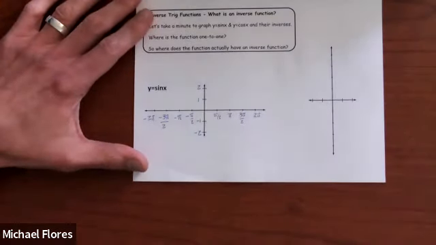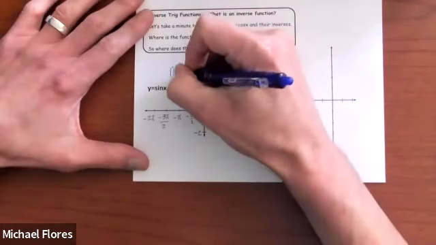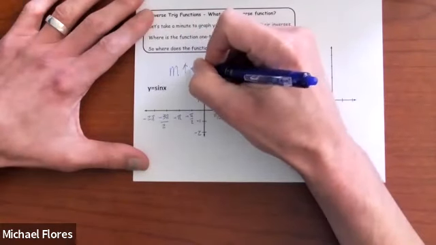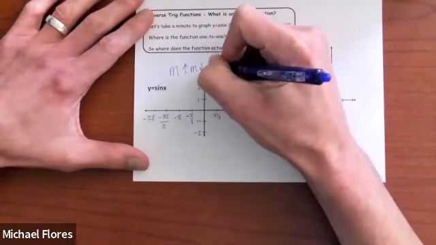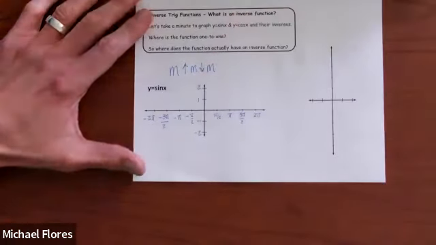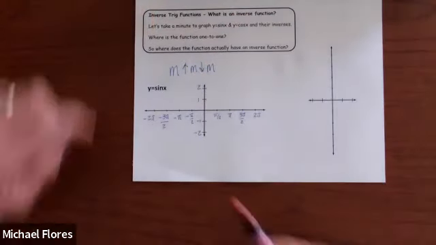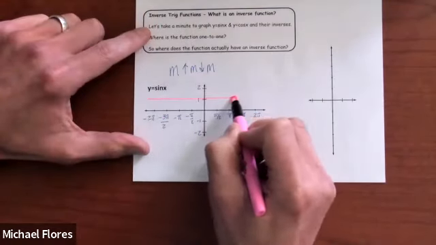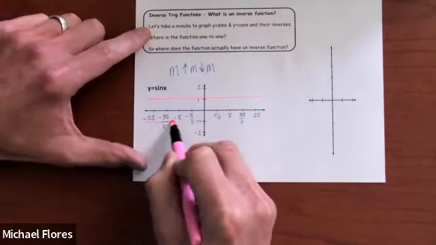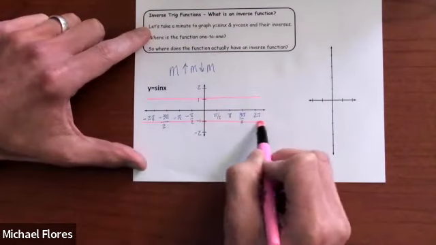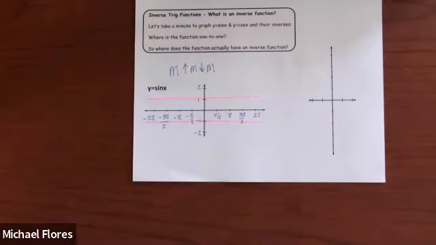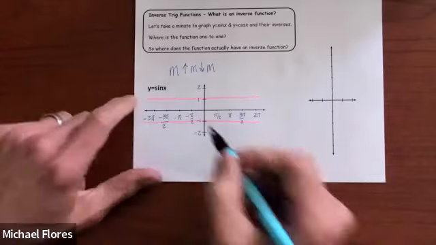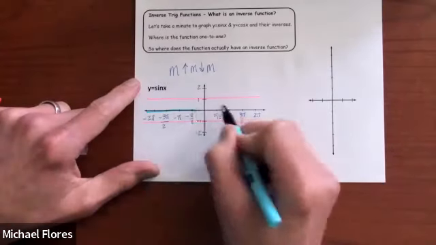Now the parent function, the pattern, is middle, up, middle, down, middle. So right here, we have our top bumper. Here we have our lower bumper. And then right here, our midline.